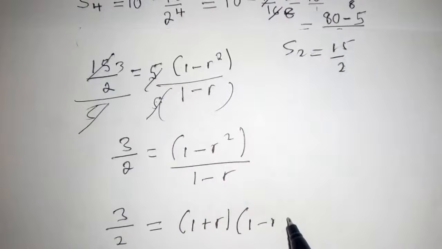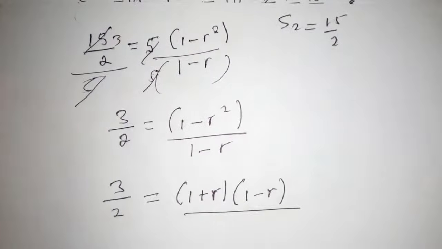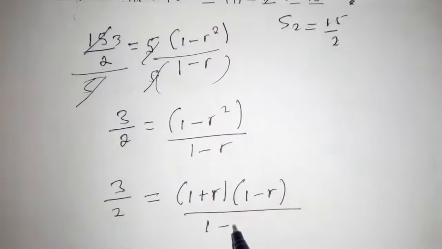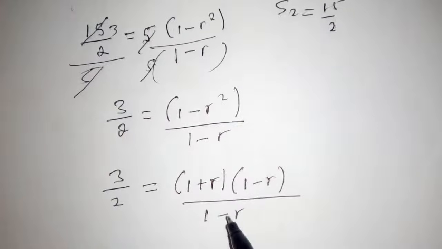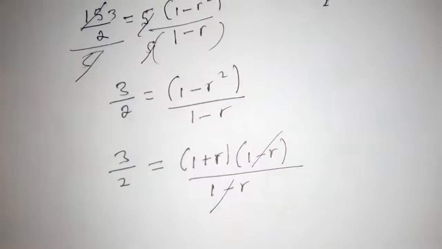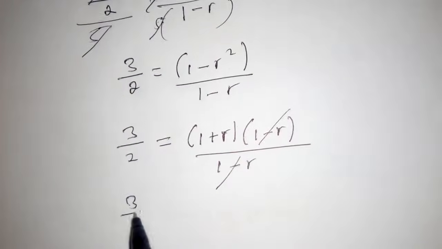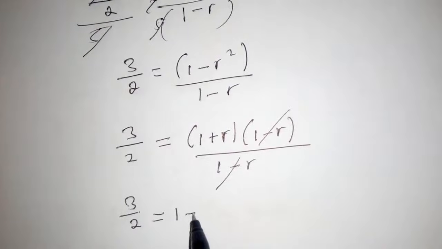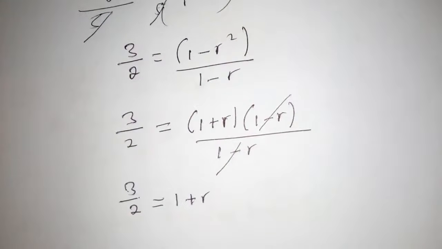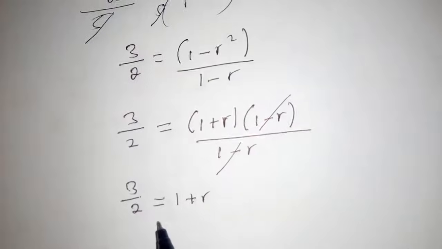In case you don't know what it means, go through the idea of difference of two squares. So this is the same as what is on top, and then down here we'll remain with something like this. So this and this will cancel. We'll remain with 3 over 2 is equal to 1 plus r.